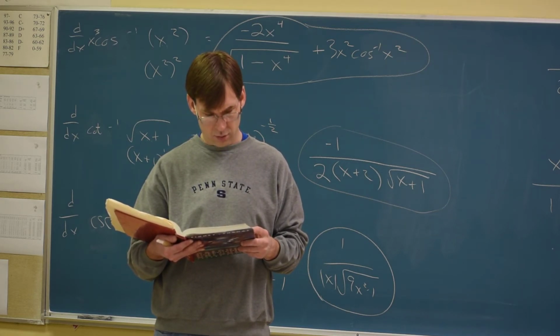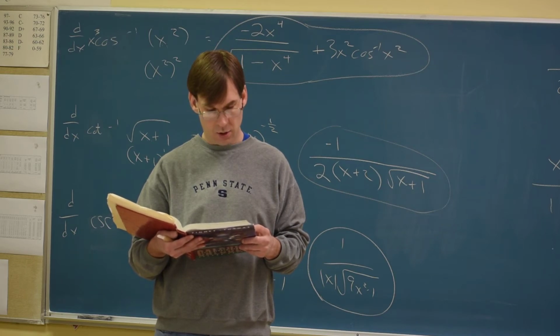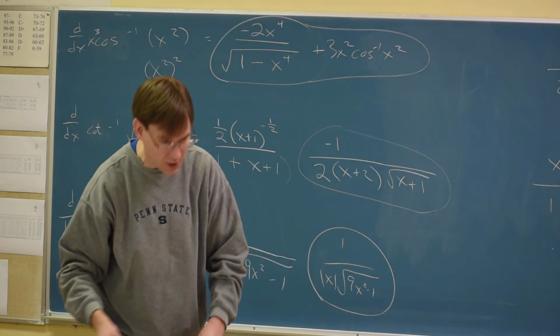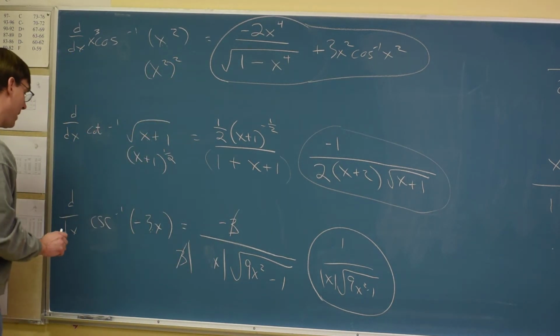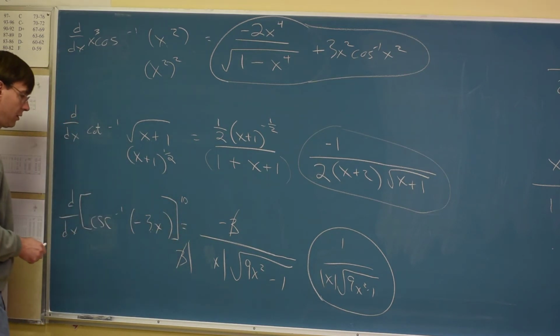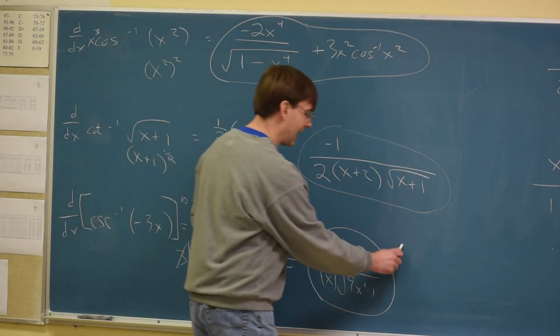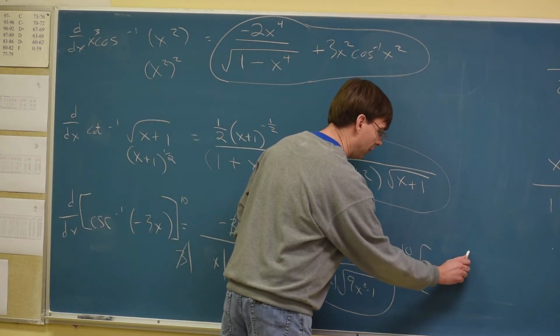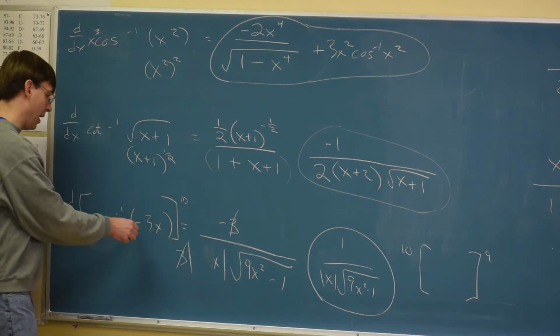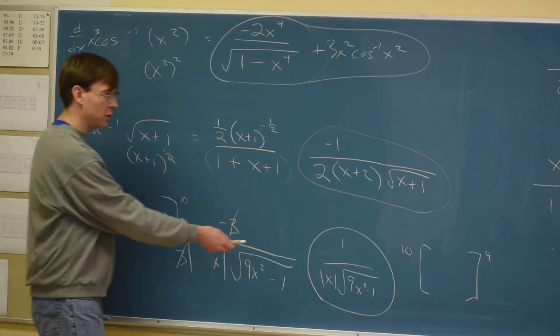Chain rule. I also don't see any chain rules. But that would have actually not been that bad. Like if they said it was this to the 10th, and they want the derivative. What we would have to do is 10 of those to the 9th, and multiply the derivative of this, which we already had.